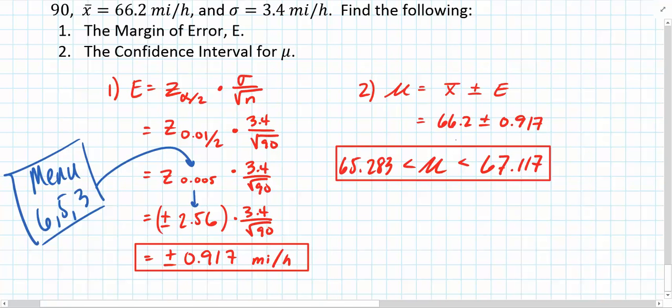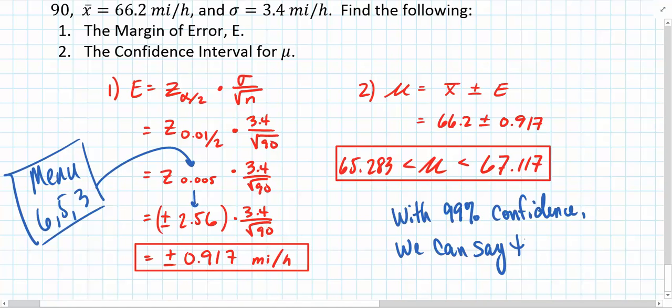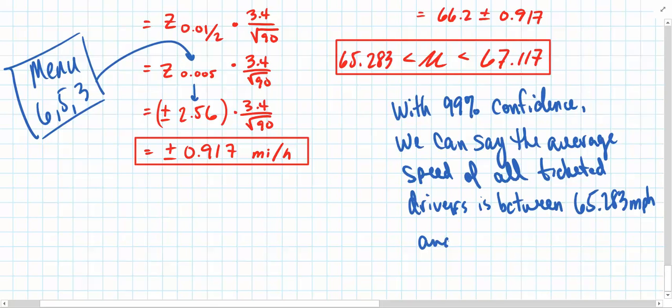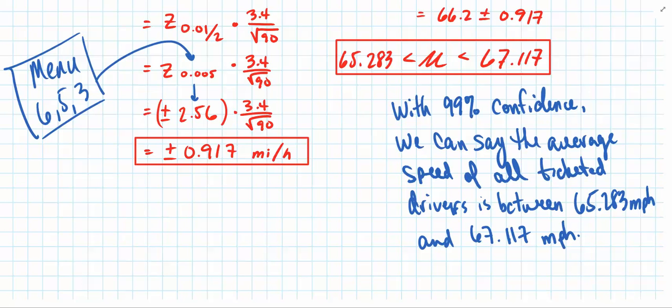That average of 66.2 miles per hour plus or minus our margin of error indicates that with 99% confidence, we can say the average speed of all ticketed drivers is between 65.283 miles per hour and 67.117 miles per hour. Again, we don't know the average speed of all ticketed drivers.